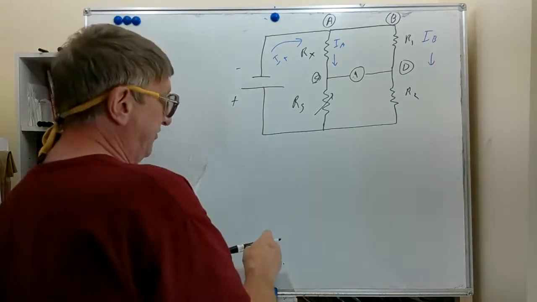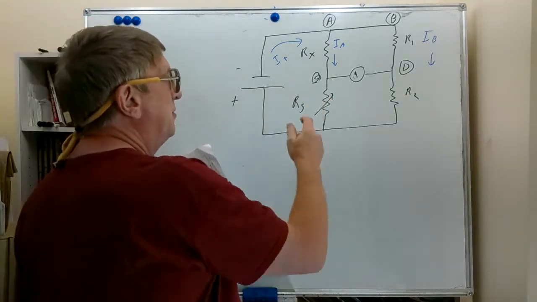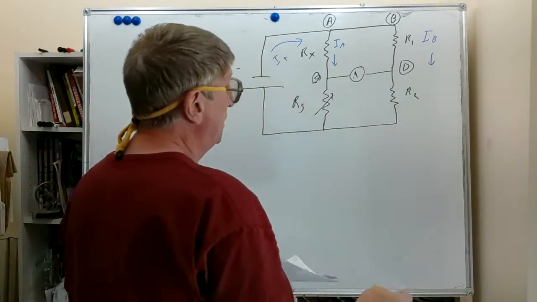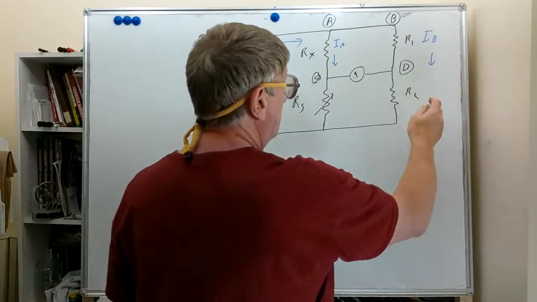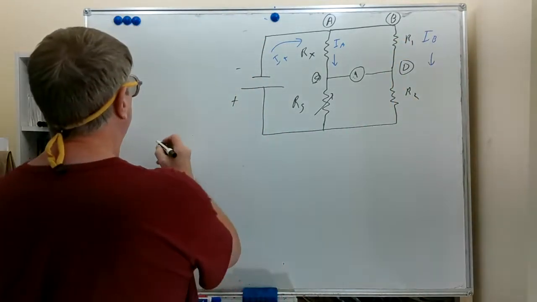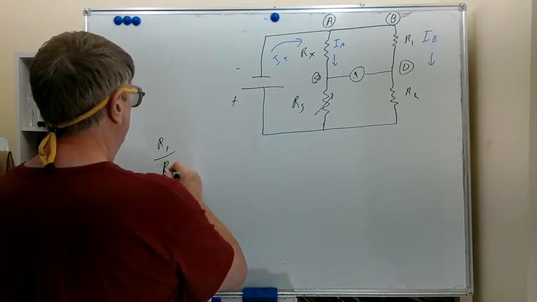The idea is we have a calibrated variable resistor with a dial that reads out. So we have a known resistor here and a known resistor here, so we know the ratio. R1 to R2 is a known ratio.